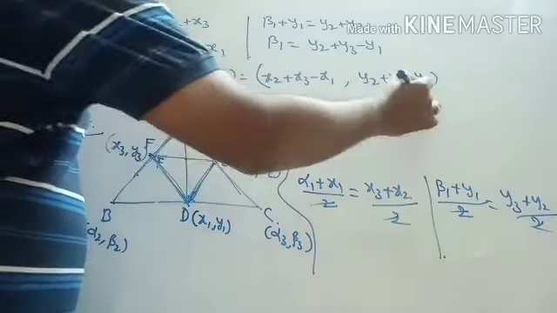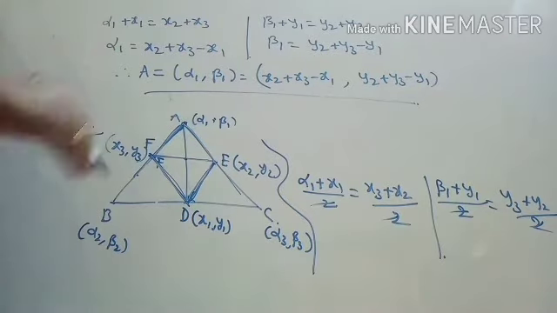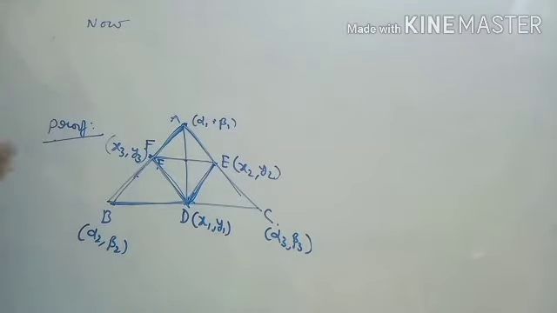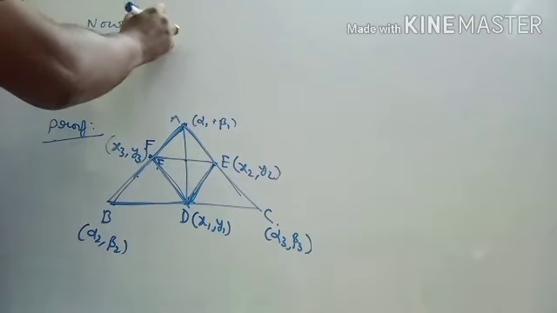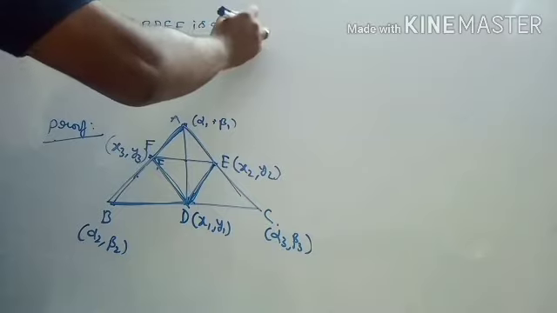How nicely we have got it, please observe, my dear students. Very simply, in the same way we will get the other vertices also. Now BDEF is a parallelogram, and in the same way we proceed.